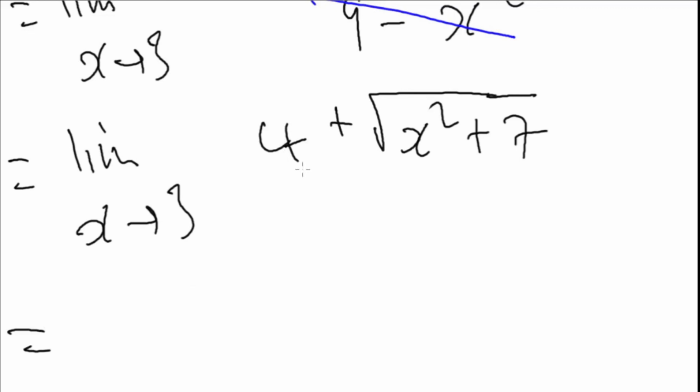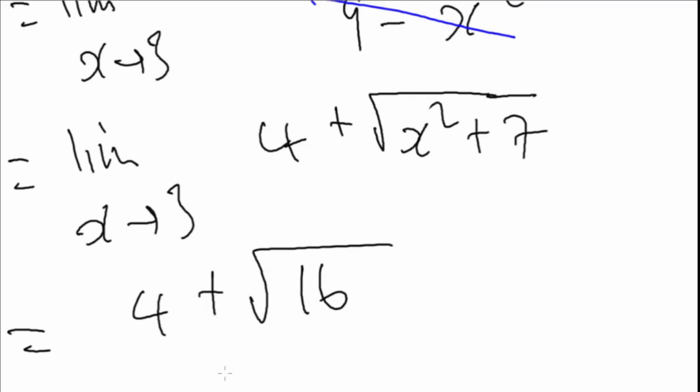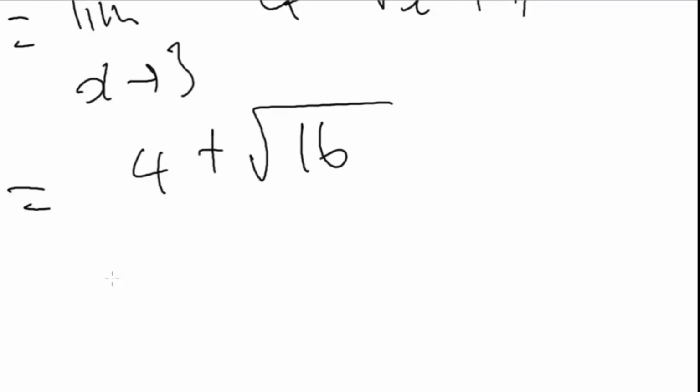So limit, you put here 3. You're going to get 4 plus the square root of 3 squared plus 7. 3 squared is 9, plus 7 is 16. Then the square root of 16 is equal to 4.